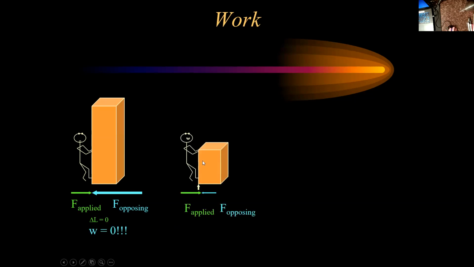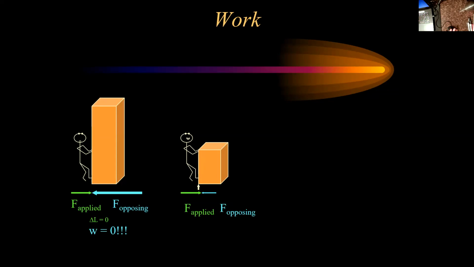Now here's the same guy, but now he's got a smaller box he's pushing. And he can still apply this green amount of force, but the box is only going to resist by this much. So there is a net difference in the force. Newton's second law says that when you apply a net force to an object, it will accelerate in the direction of the net force.